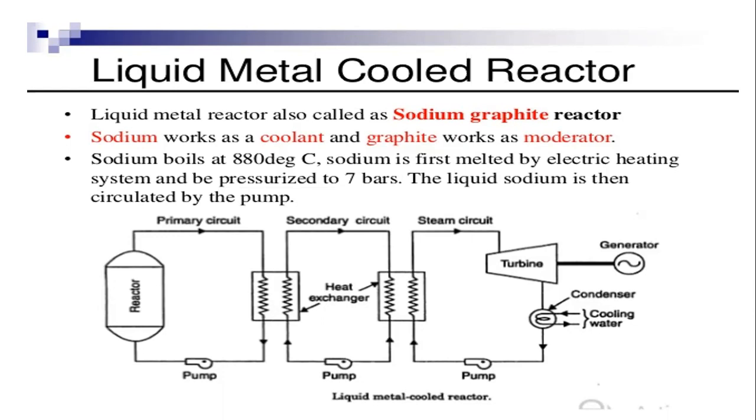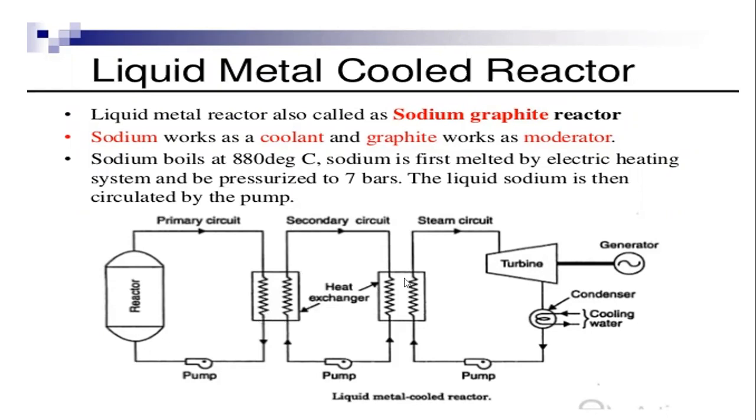Next, handling of sodium is difficult because of its activity in the reactor core. In this we require two heat transfer circuits: this is one heat exchanger and this is the other heat exchanger.